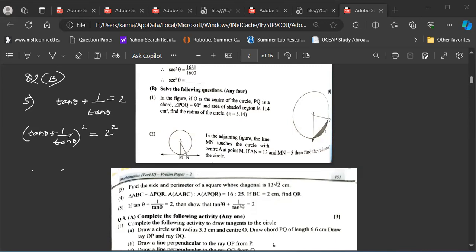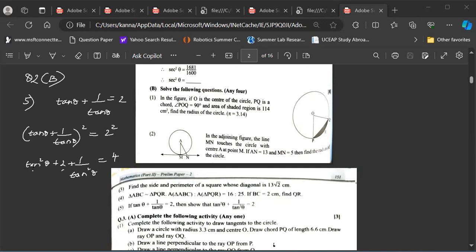Now this is (a plus b) the whole square, which is a square, tan square theta, plus 2ab, tan theta into 1 upon tan theta. Tan theta into 1 upon tan theta cancels, so only 2 will remain. Plus 1 upon tan square theta is equal to 4, children.